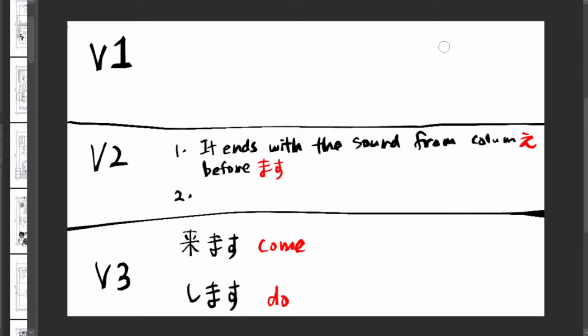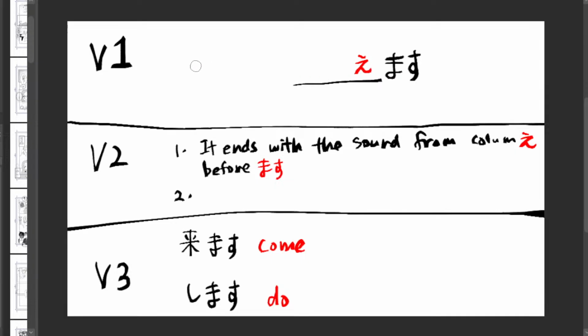So what does this mean? I said that all verbs in Japanese end with masu in polite speech. So if the sound before masu comes from the column E, then it belongs to V2.